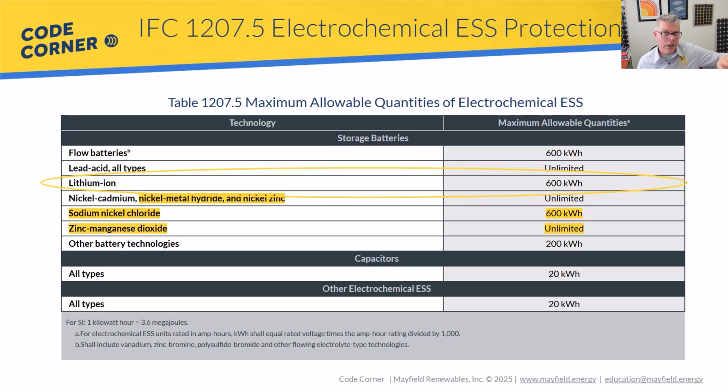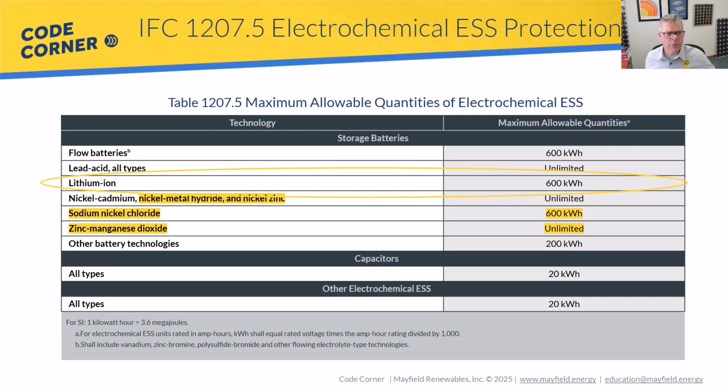If you're at 600 kilowatt hours or less, then you meet the maximum allowable quantity values, and you just continue on looking at the other code sections, making sure that you're meeting all of those specific requirements. But 600 kilowatt hours is that magic threshold for our lithium ion systems.